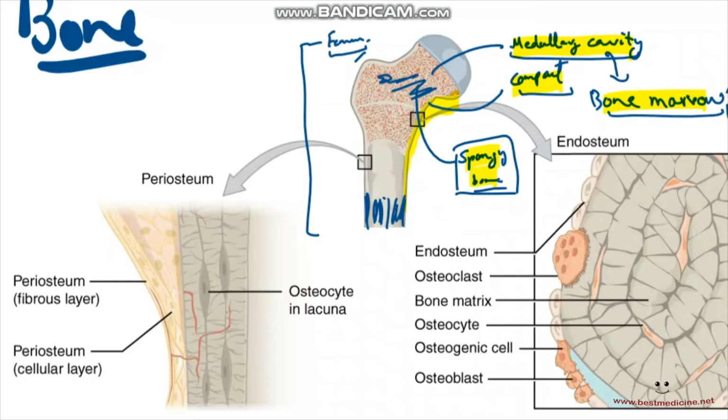Similarly, in bones the cells are called osteocytes, the mature cells of the bone, and the bone is surrounded by a tissue called the periosteum. Chondrocyte, perichondrium, osteocyte, periosteum.